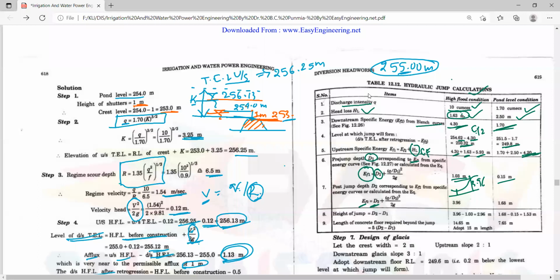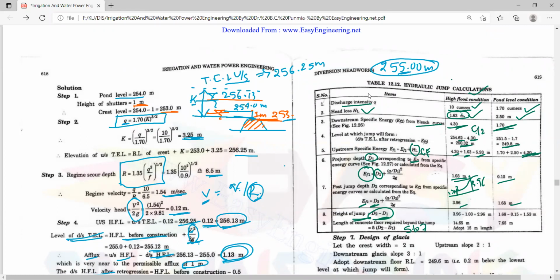Why are we calculating the hydraulic jump depth and all these things? The length of the concrete apron depends upon the depth of the hydraulic jump. The length of the concrete apron is 5 to 7 times the depth of the hydraulic jump.